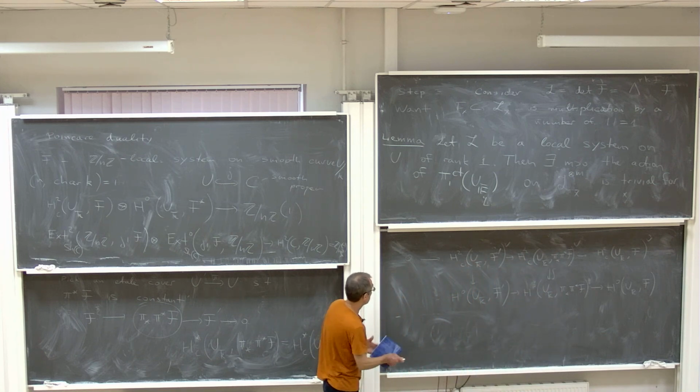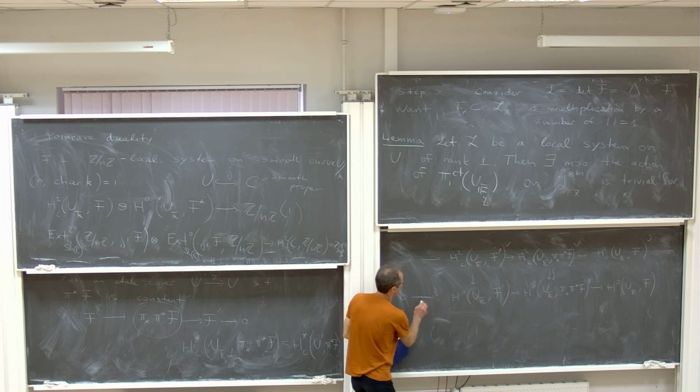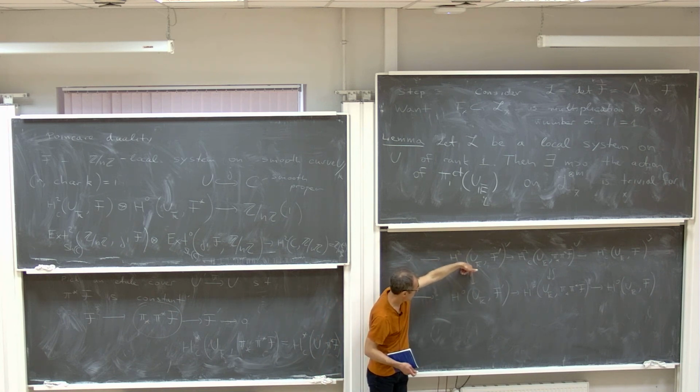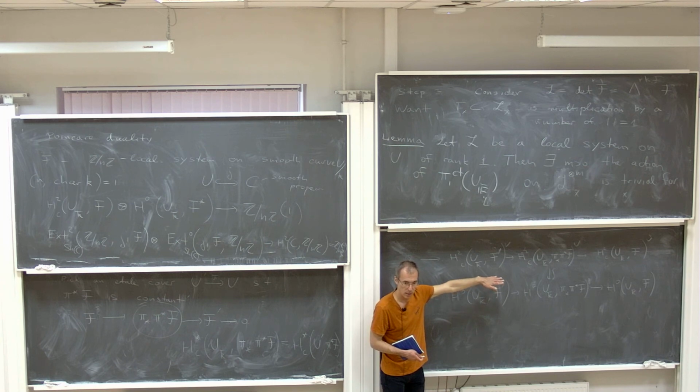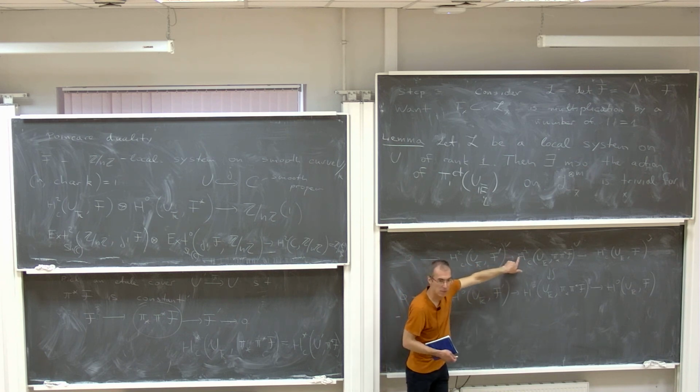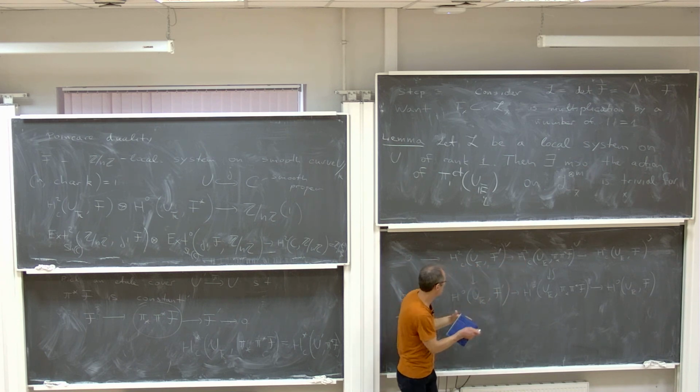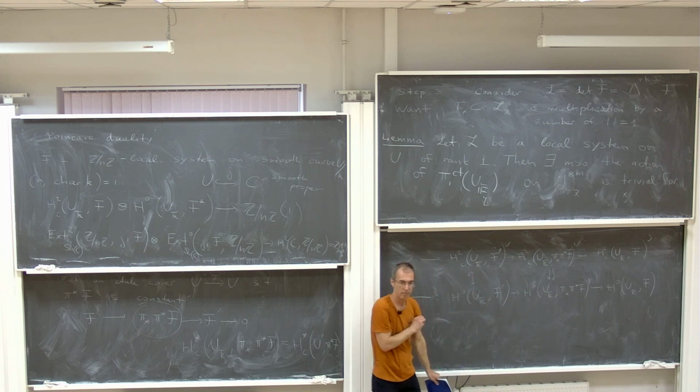So what does it mean? It means that this is injective, right? I have this commutative diagram. These maps are injective, so that means that this map is injective.